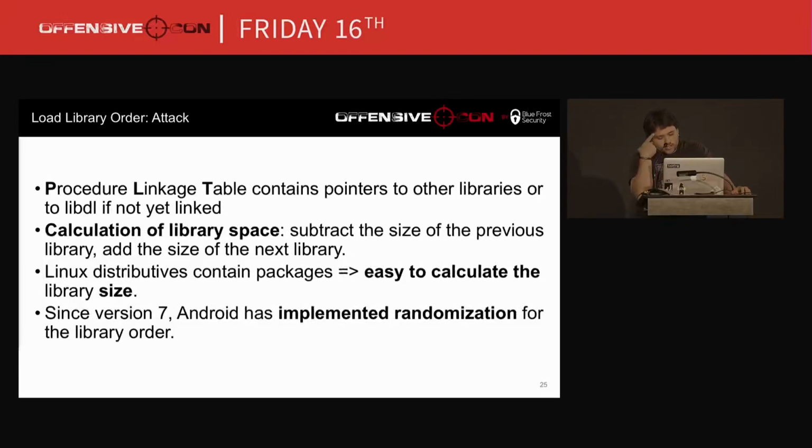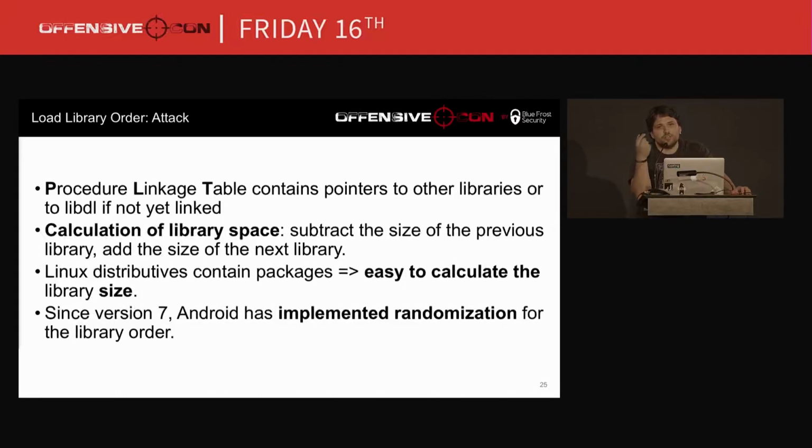But when the function wasn't called yet until that moment, it will contain a pointer to the LD library. And it might be a problem because you need libc system and you have some libLD. So here we can say that you can easily calculate the difference between this function and get your desired libc system.